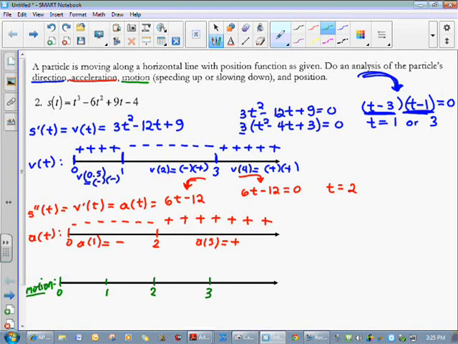And the idea behind it is if velocity and acceleration have different signs, as you can see is going on the interval 0 to 1, velocity is positive, acceleration is negative. If velocity and acceleration have different signs, then your motion will be slowing down.